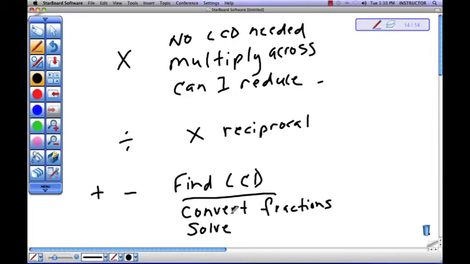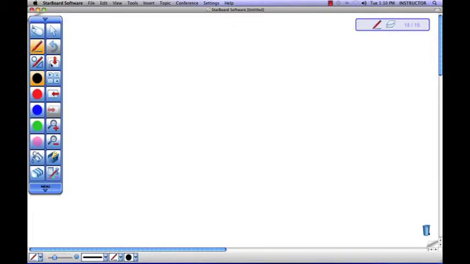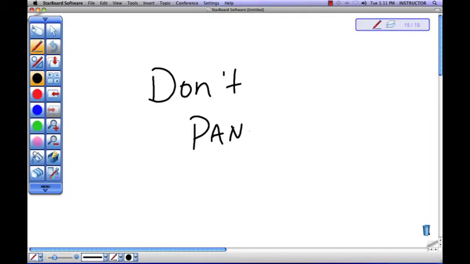And there you have it. I would like to remind you, though, to never forget our number 1 rule when dealing with fractions. And that is, don't panic. Remember these simple steps and it will be easy. Because in reality, fractions really are a piece of cake.